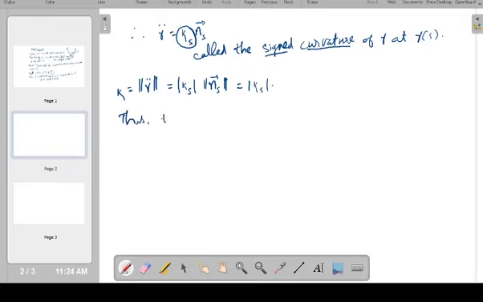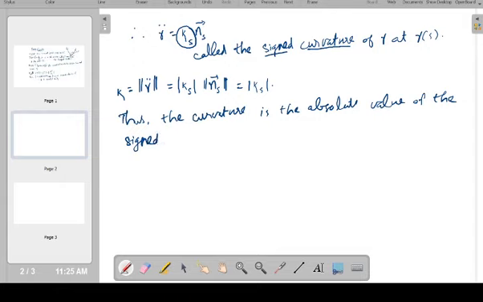The curvature is the absolute value of the signed curvature. This is what we concluded.